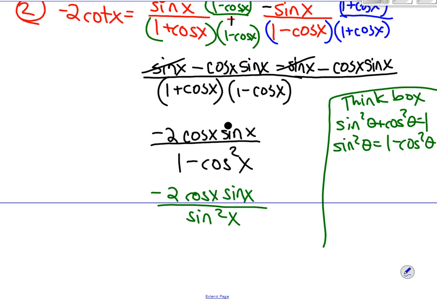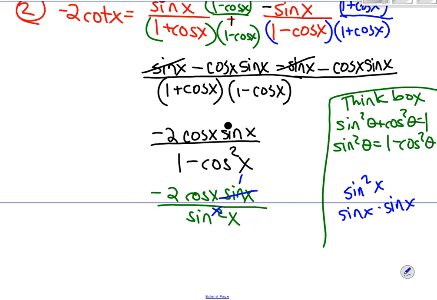Yep, and so be careful when you're canceling a sine x with a sine squared. On the top, I can cancel off the sine x. What do I cross off on the bottom? Just the 2, right? And if you're uncomfortable with that, just remember sine squared x is sine x times sine x, and you could write it like that and then cross one of those off.